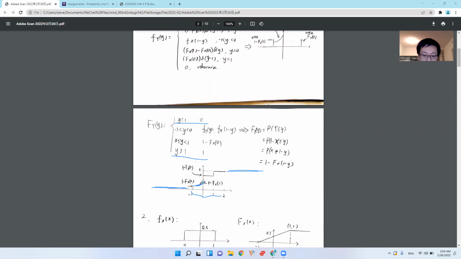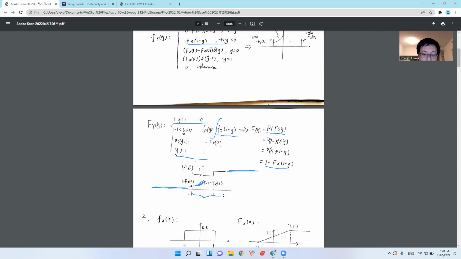For this part, it would be the integration of what we had over here, and it's also just the probability of y smaller than y. You can either use this integration to figure out this part, or it's just the derivation from this part.